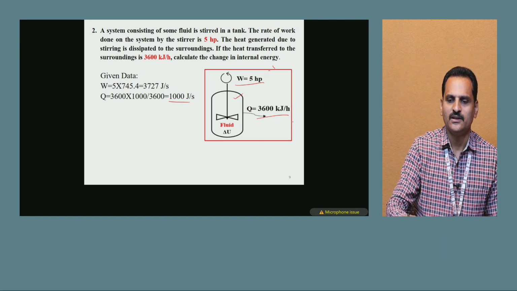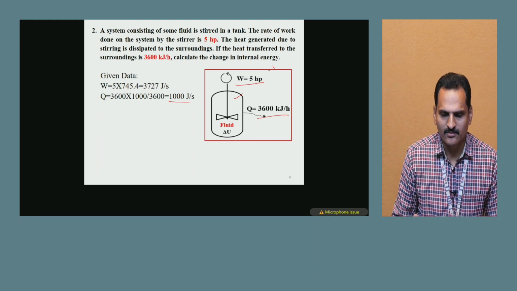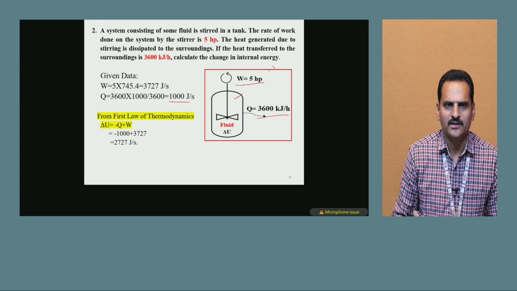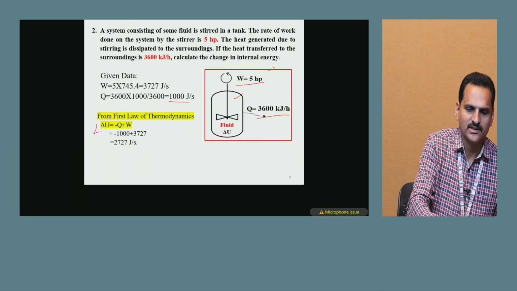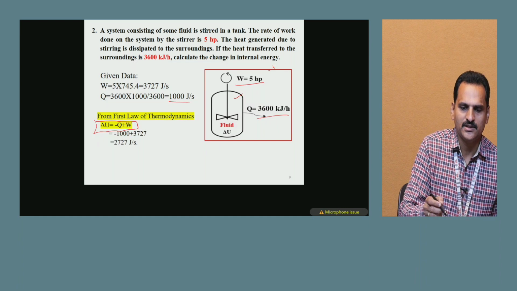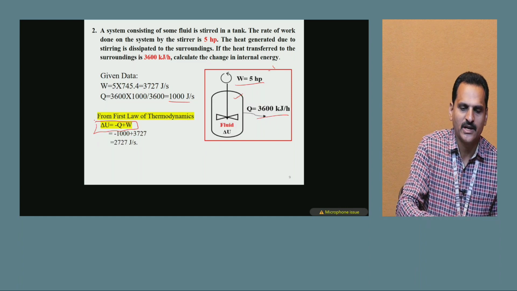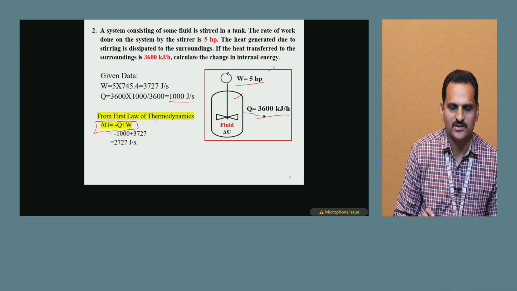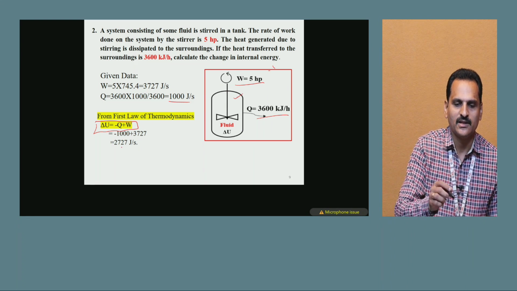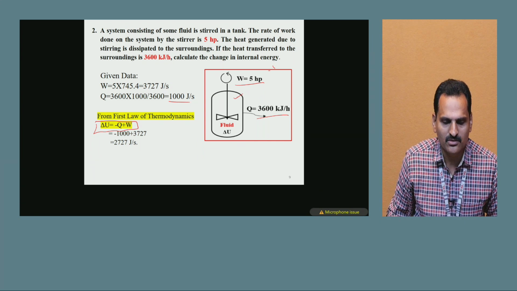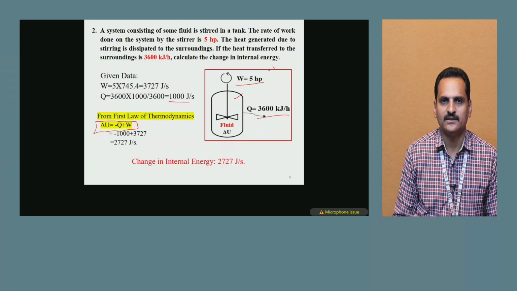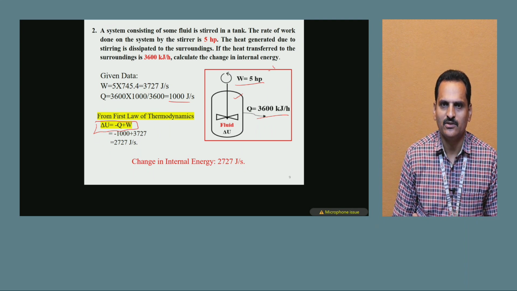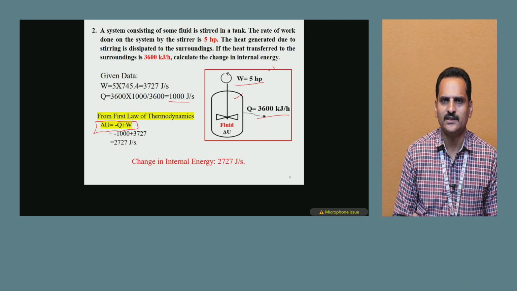Q is lost, that's why the first law statement will be opposite in direction, minus Q plus W. That's why the change in the internal energy of the given system is minus Q plus W, because Q is lost, W is added to the system. By substituting these values, you can get the change in the internal energy 2727 joules per second. So the change in the internal energy of the given system is 2727 joules per second, right?